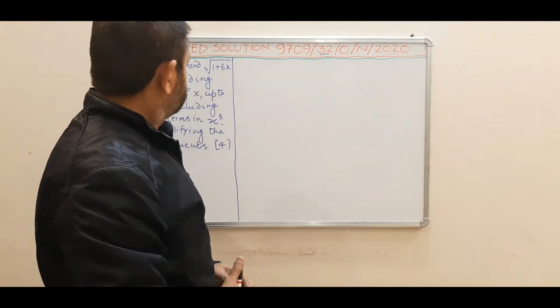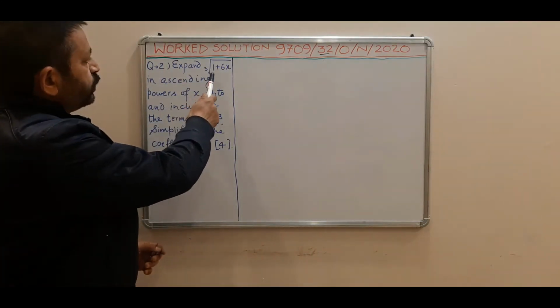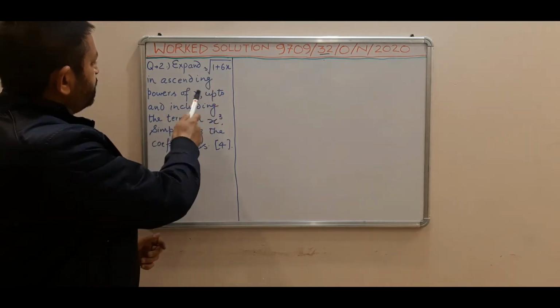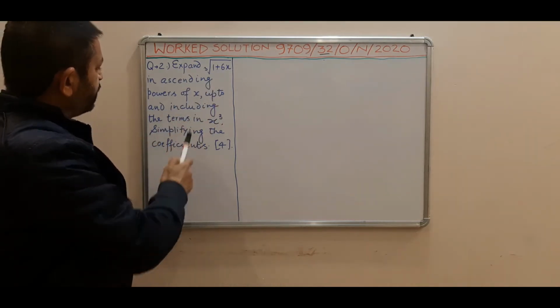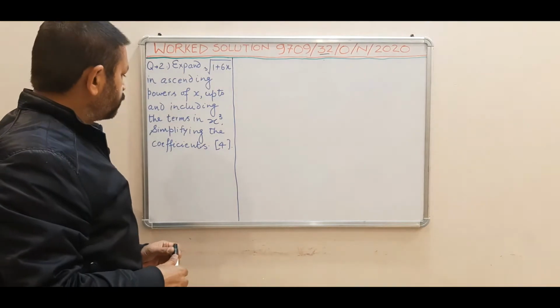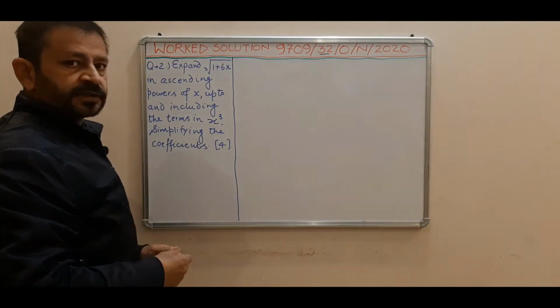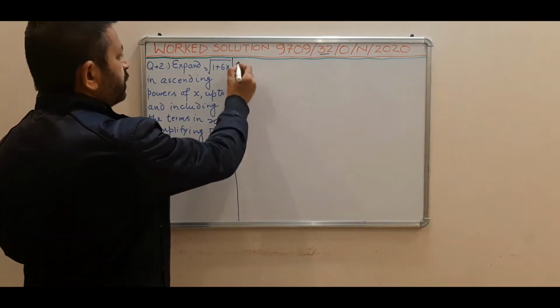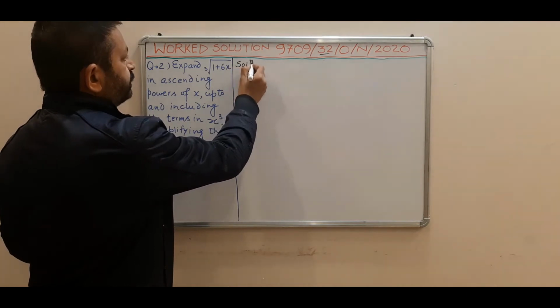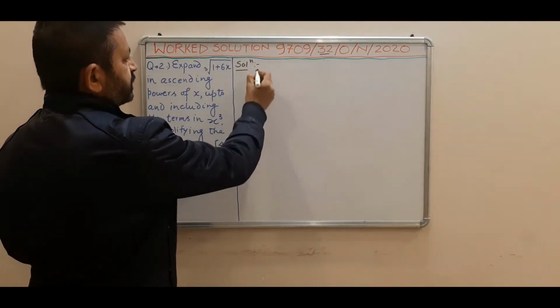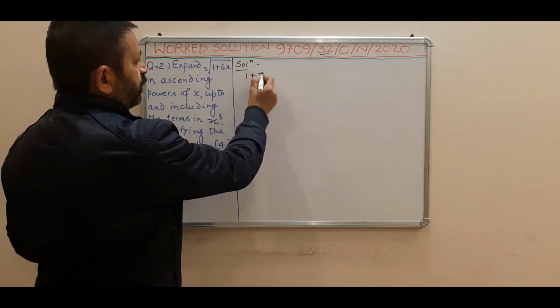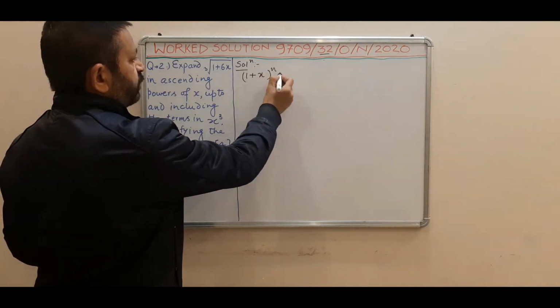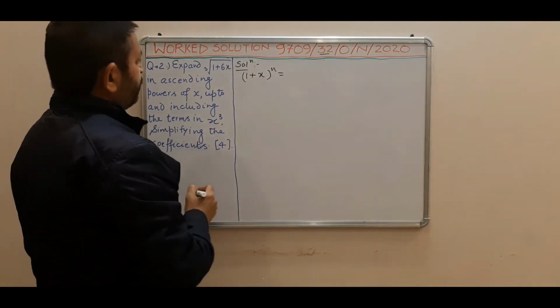Next question is: expand the cube root of 1 + 6x in ascending powers of x up to and including the terms in x cube, simplifying the coefficients. So this question is based on binomial expansion. First I am giving you the formula for that, though it will be provided in your MF9 sheet.